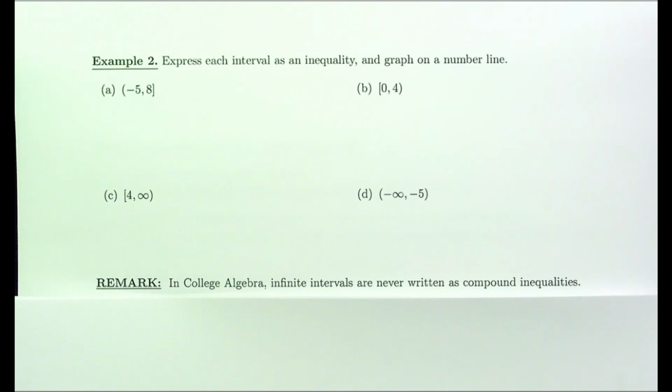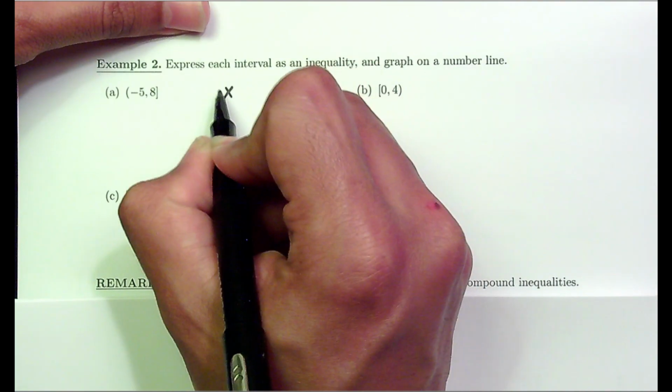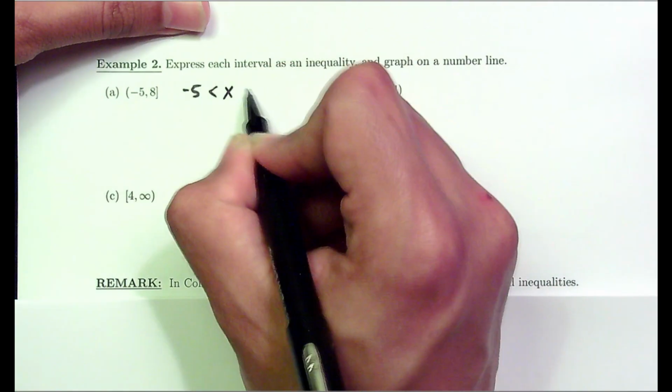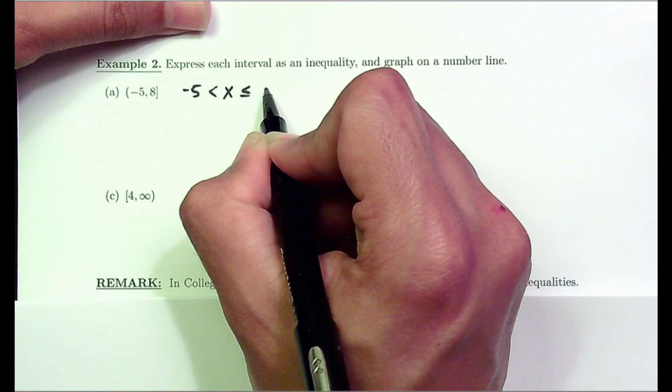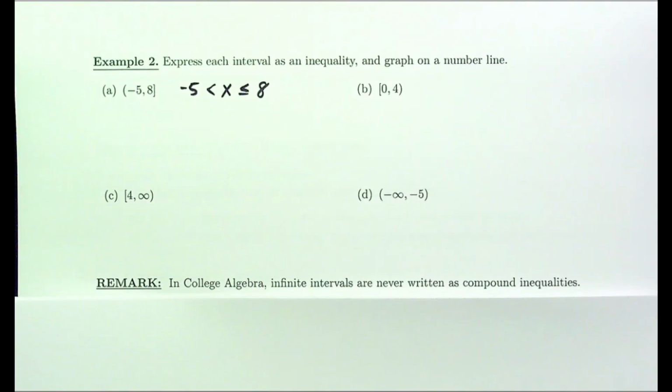So that would be all numbers x bigger than -5 and less than or equal, because there's a bracket, means x could be equal to 8. So that would be the inequality notation for that one.